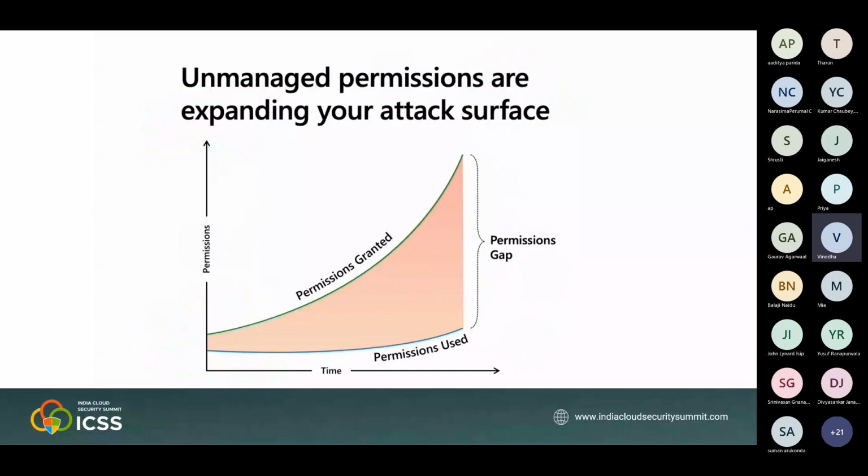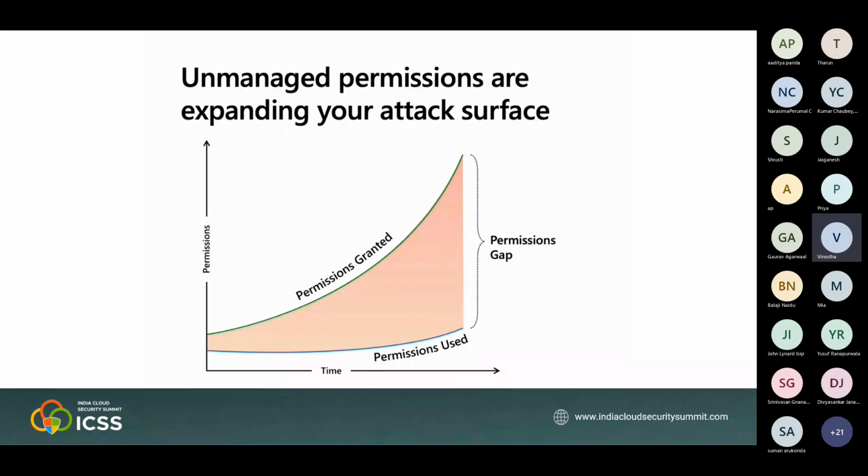Here, the whole method of permission management relies on static ways, that is, assigning permissions based on assumptions like employees, job title, or department. Most of the time, it leads to massive over-provisioning of permissions, and a huge gap between total permissions granted and the permissions that are actually used. This gap is referred to as the permission gap.